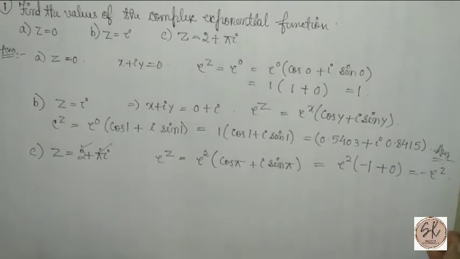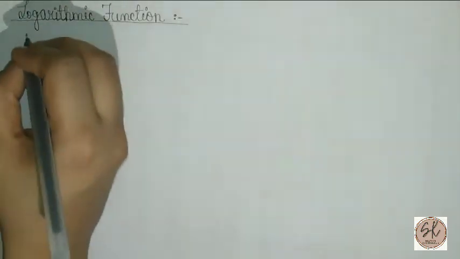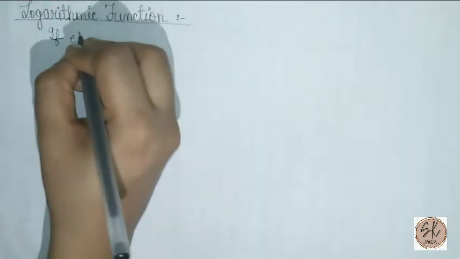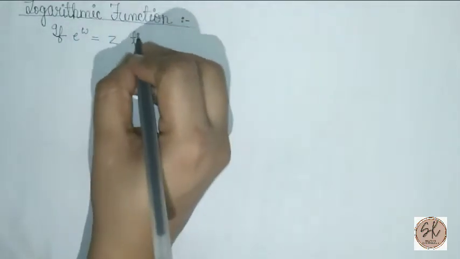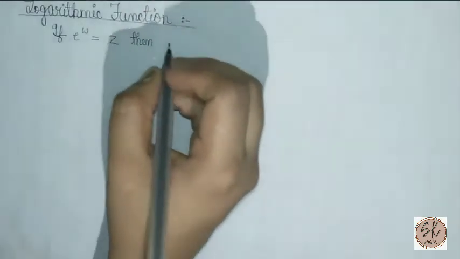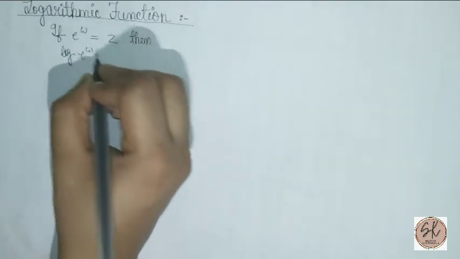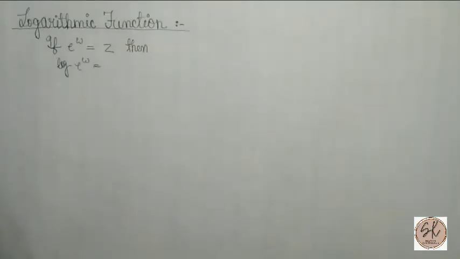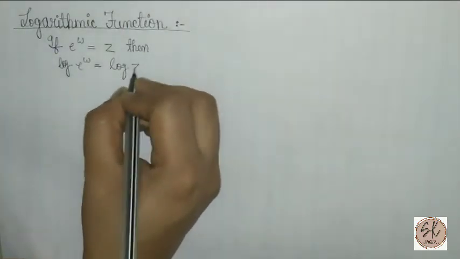Our next topic is the logarithmic function. So if e^w = z, then when we apply log on both sides, it will be log e^w = log z, so now log e^w = log z.